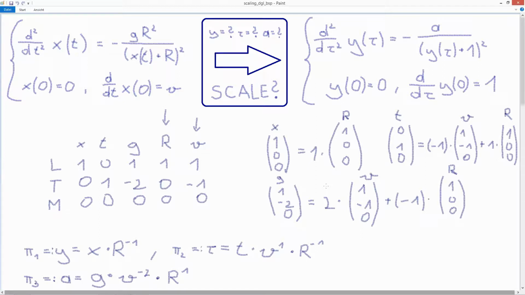Now we will use these factors, especially the newly defined variables y and tau, to scale our differential equation. The idea is to get rid of the old variables x and t in our differential equation and replace them with the dimensionless variables y and tau. To do this, we have to differentiate y with respect to the new variable tau.